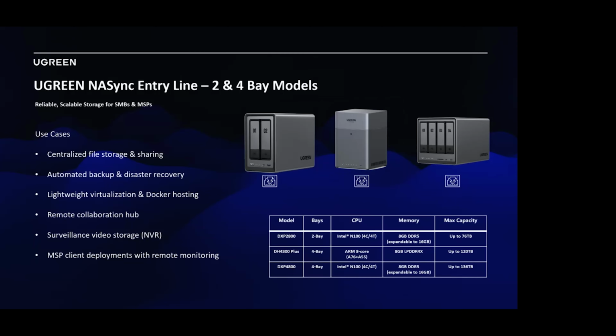It's really great for streaming 4K content as well. These are great devices for automating your backup and disaster recovery. You can back up your phones, your computers, your Mac onto this device. It does lightweight virtualization or Docker hosting, so it cannot run heavyweight virtual machines, but if you have a lightweight virtual machine or Docker container that you want to run, you can quickly run that as well.